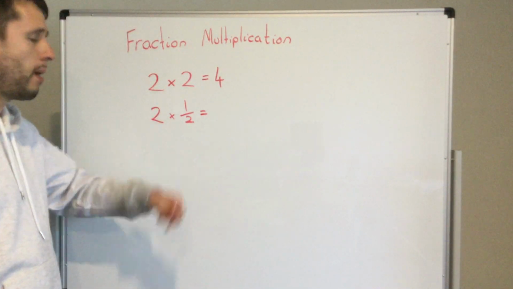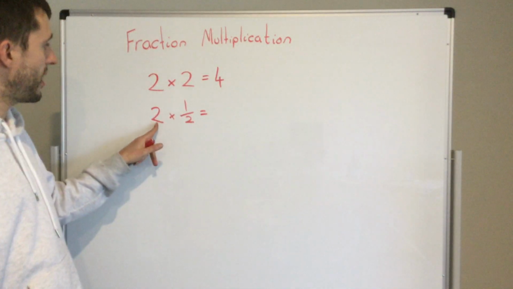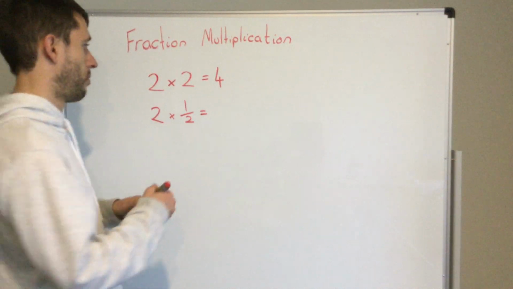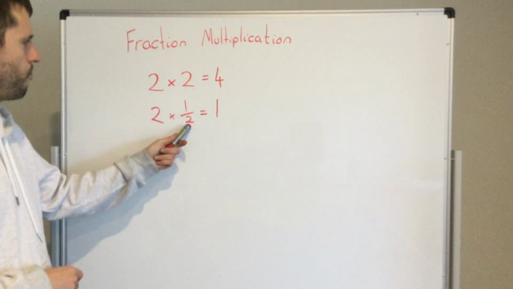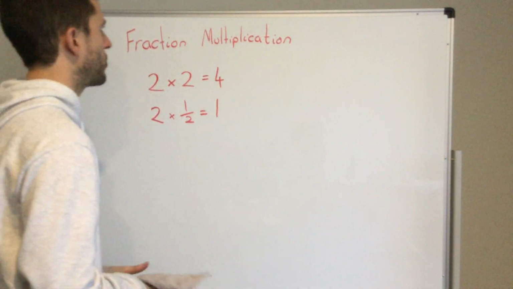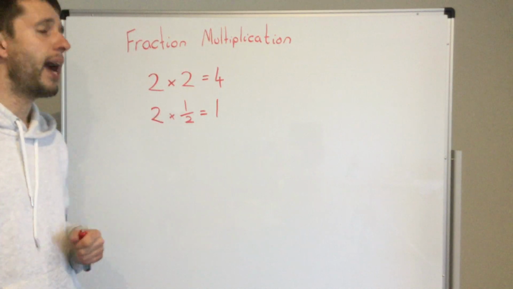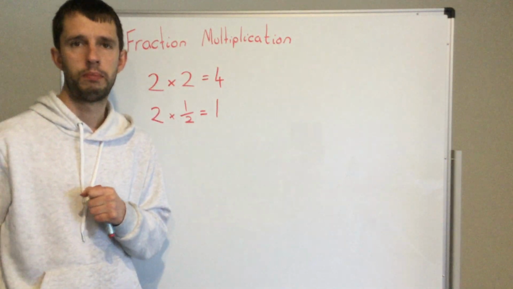I've got a half plus a half. And I know it's going to be 1, or I can say, what's the half of 2? Equals 1. So when we're thinking about fractions and multiplication, we are thinking that our number is going to be decreasing, getting smaller.